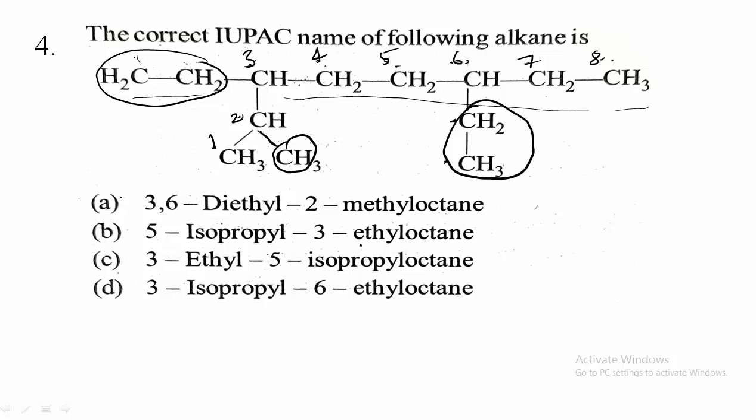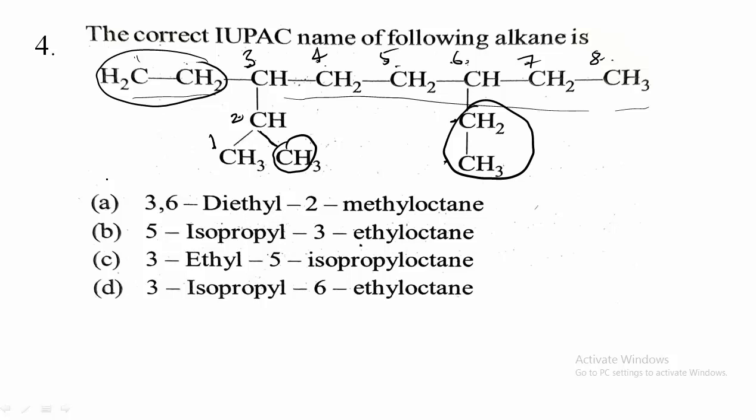If we take the straight linear chain, we will get only 2 substituents. So remember the IUPAC rules. If you know all the IUPAC rules, only then can you solve problems like this. Otherwise, you will get confused and take the wrong option.